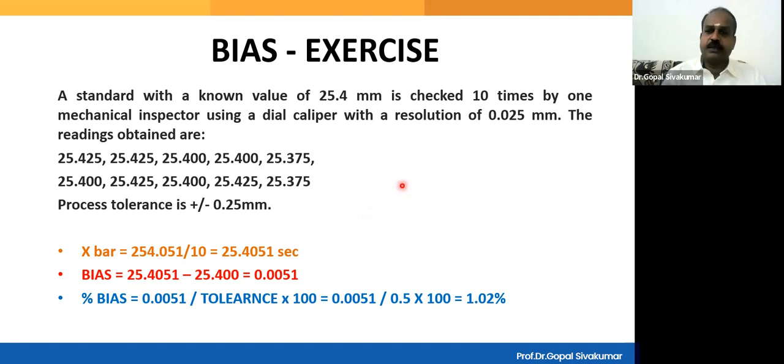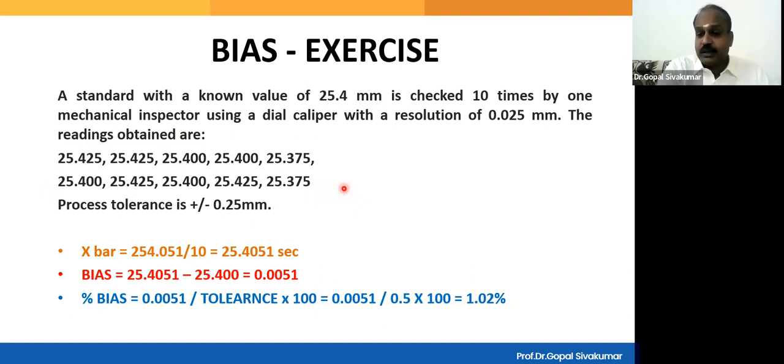See here, there is an example. A standard workpiece with a known value of 25.4 mm is checked 10 times. How many times? 10 times. And the readings are recorded by the quality inspector in this manner. See here, 5 readings in the first row and then another 5 readings in the second row. How will you calculate the bias in this case?